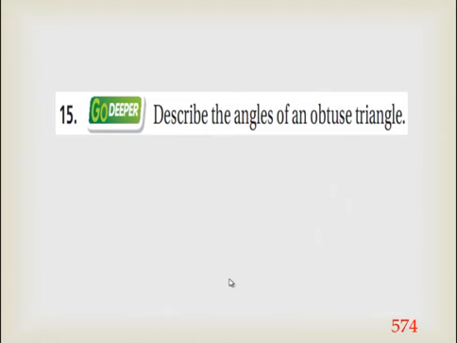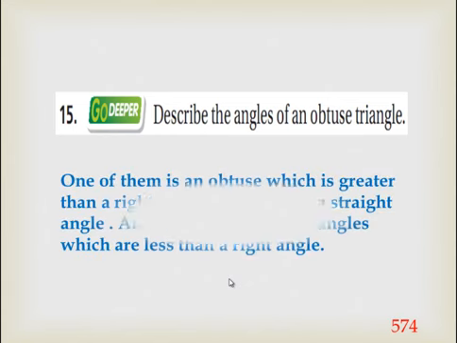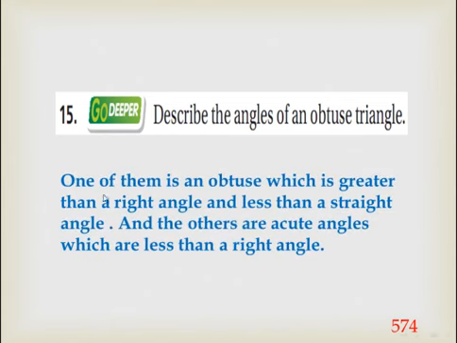So you should write that only one of them is obtuse, which is greater than a right angle and less than a straight angle, and the others are acute angles, which are less than a right angle.